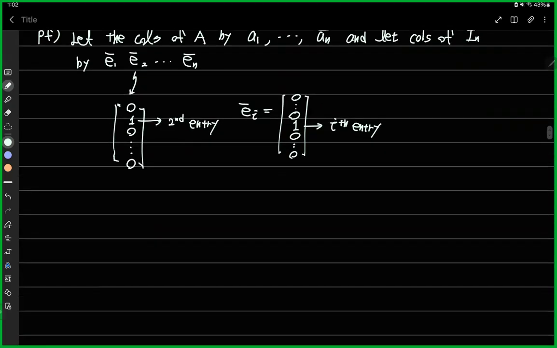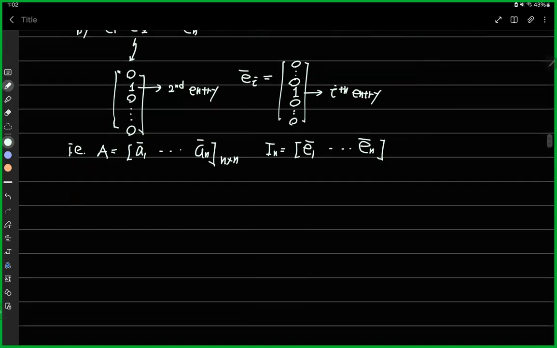Then A is A1 through An, an n by n matrix, and I_n is E1 through En. Now what are we going to do? We do matrix multiplication: A times I_i(x). What does that mean?